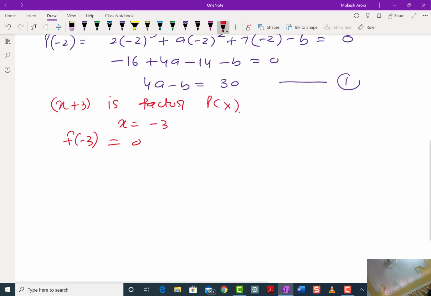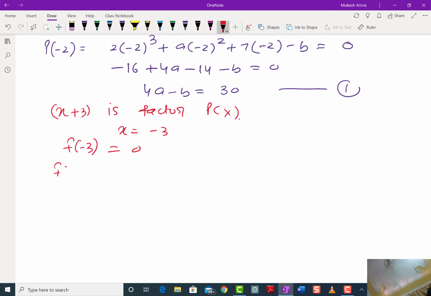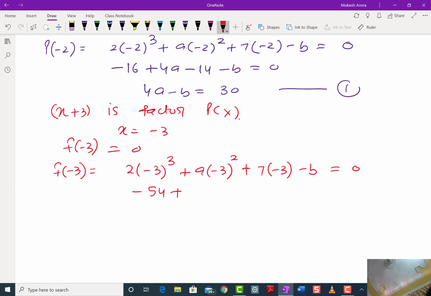So p(minus 3) is equal to 2 into minus 3 raised to the power 3 plus a into minus 3 raised to the power 2 plus 7 into minus 3 minus b, again equal to 0. So minus 54 plus 9a minus 21 minus b is equal to 0. 9a minus b is equal to 75.